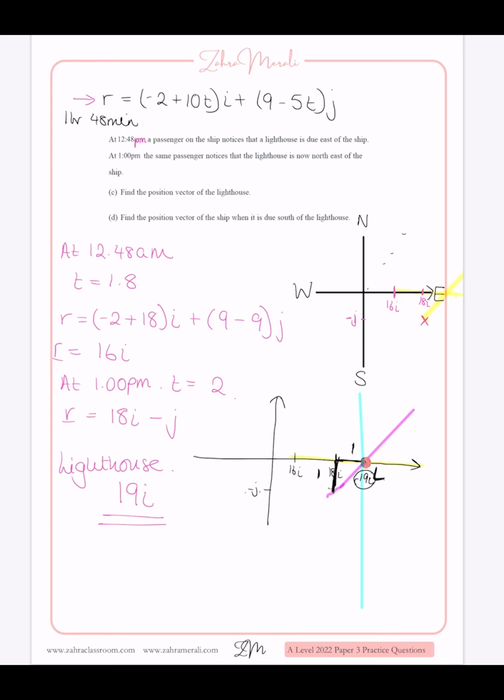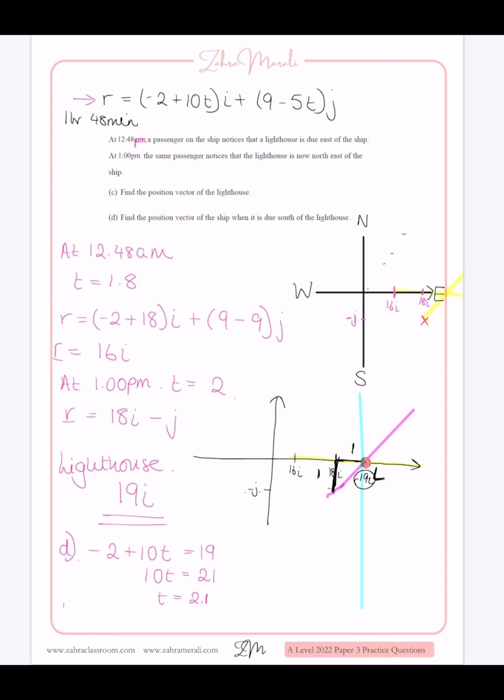So let's work that out. We want the I component, so minus 2 plus 10t must equal 19. So 10t equals 21, so t equals 2.1, right?